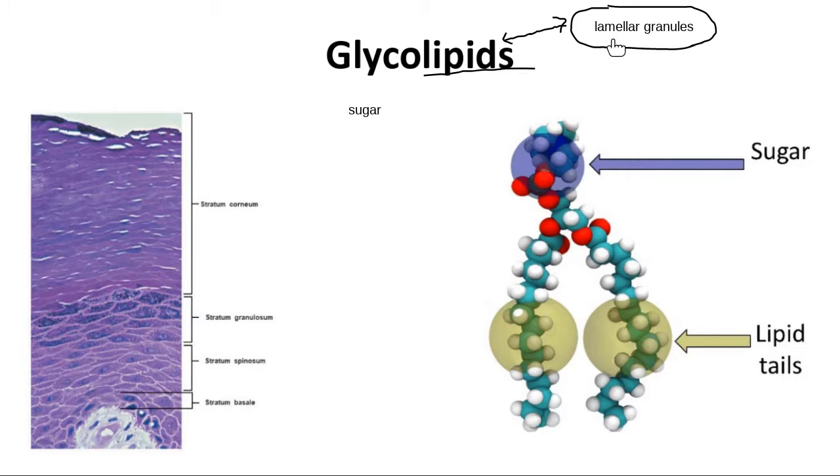These lamellar granules, or these glycolipids, these are what cells make when they're in stratum granulosum. That's actually all these little purple dots that you see here in stratum granulosum. That's what those dots actually are. These little glycolipid molecules that the cell is making.